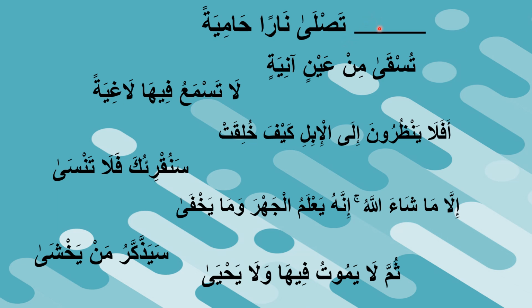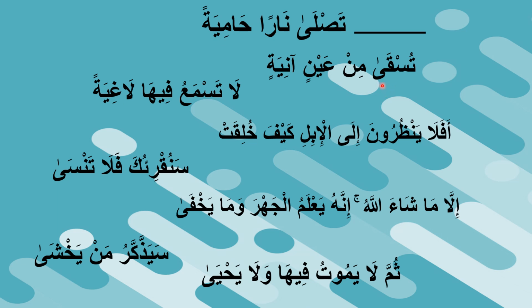If there is an absence of a tool of nasb or jazm, definitely this is in marfu case, and the i'rab will be: it is raf'ihi, with dhamma al muqaddara ala harf illa, or you can say alal alif, because this alif maksura is called alif commonly in the i'rab.